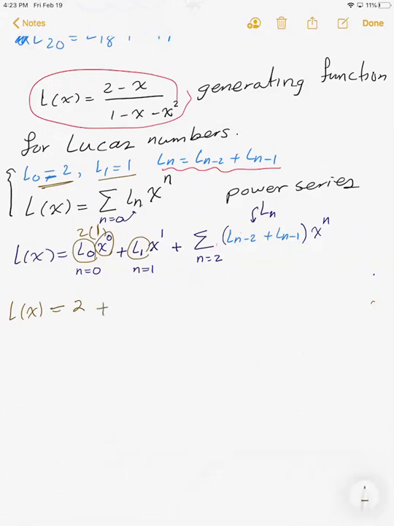Then I will put plus L1, which is 1, times x to the power 1, so this is 1x, I just write it as x. Then I put a sigma notation for this one, Ln minus 2 x^n, plus a sigma notation for the next term, Ln minus 1 x^n, and it goes from 2.